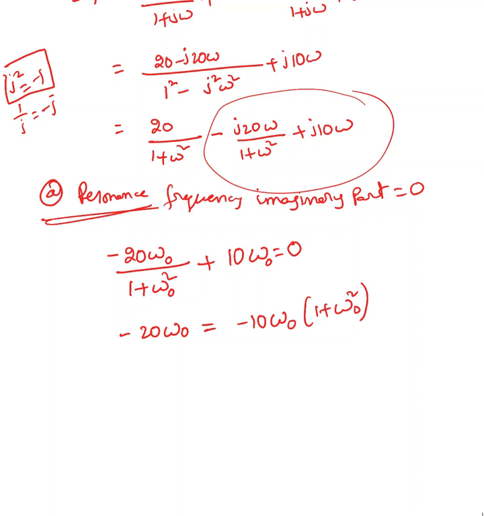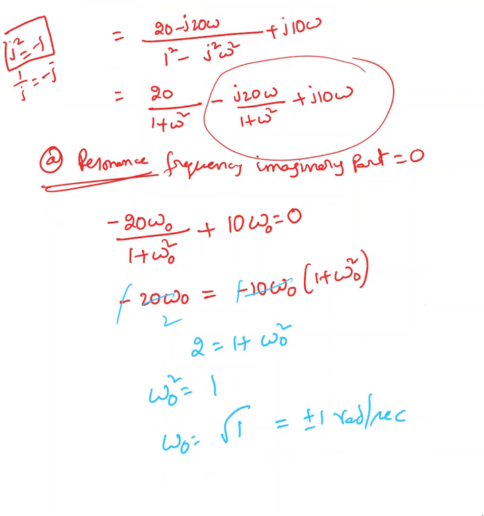Minus gets cancelled, minus gets cancelled, and 20 omega naught, 10 omega naught cancel, so we'll end up with 2 equal to 1 plus omega naught square. So omega naught square equal to 1, omega naught equal to square root of 1, which is going to be plus or minus 1 radian per second.